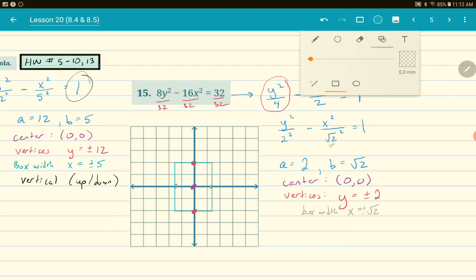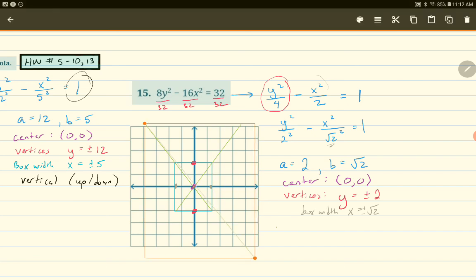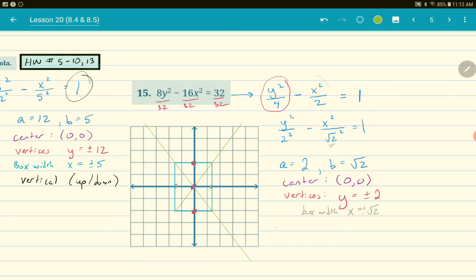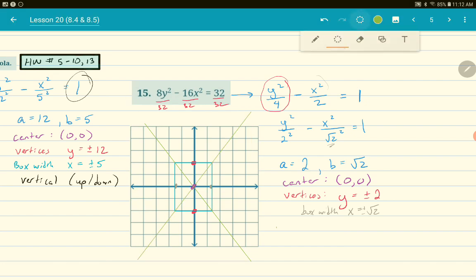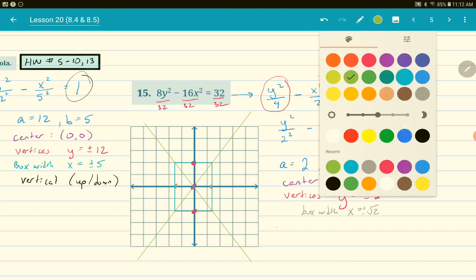So then I'll draw on my asymptotes from corner to corner of the box. Oops, went the wrong way. Okay, there's my asymptotes.